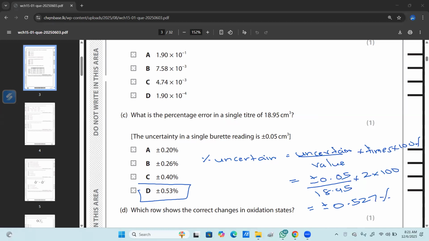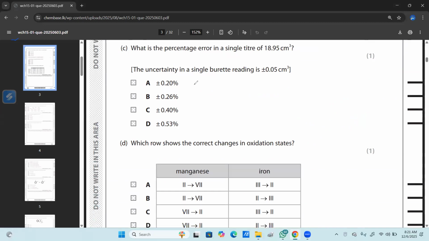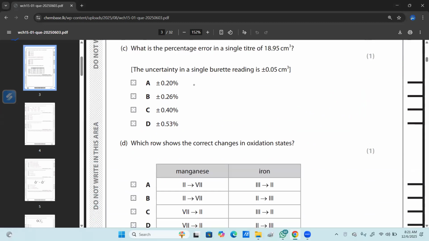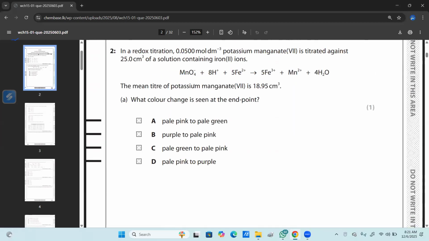Then we'll go to the next one. Which row shows the correct changes in oxidation state? So children, if I go back to the reaction, in MnO4 minus, if I consider the oxidation number of Mn as X, minus 2 into 4 plus X is equal to minus 1.